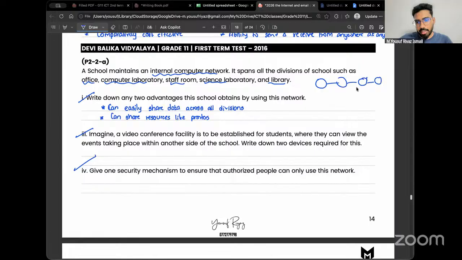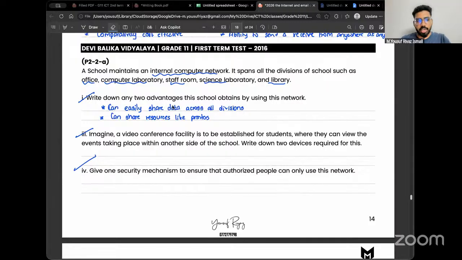Since all of them are interconnected, from all these devices I can make a printout. Normally a printer is connected only to one device, but if I've connected a printer to a network, then all of them can use the same printer. So that's why it says can share resources. So yeah, that's one answer.